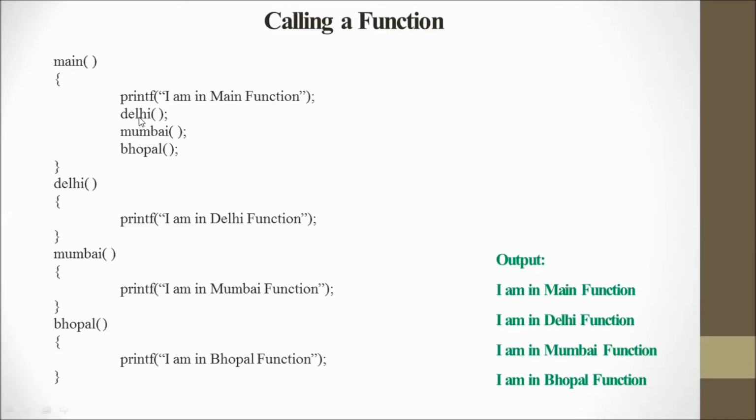The first function to be called is the Delhi function. So the control passes to the Delhi function. Inside the Delhi function one statement is declared, I am in Delhi, so this message will print. In the output, the second statement displays: I am in Delhi function.